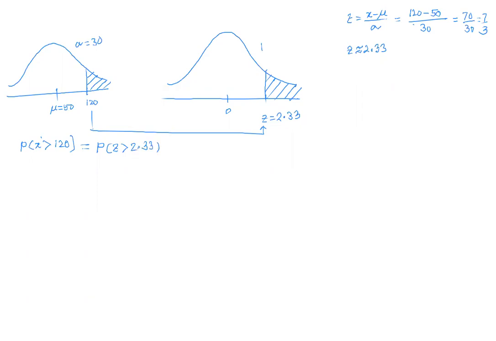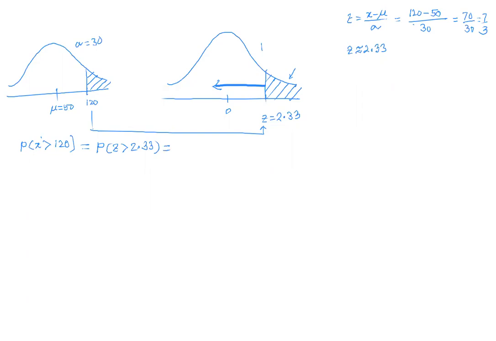Now, if you look at the standard normal distribution table for z-value of 2.33, it is not going to give you the area to the right, but rather it is going to give you area to the left. But I don't want the area to the left. I want the area to the right. How do I find the area to the right?